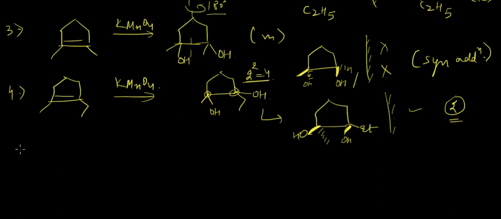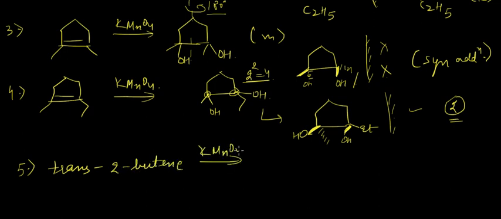Okay, let's look into some more examples of this. So we have the fifth as trans 2-butene. In trans 2-butene, if we react it with cold alkaline KMnO4 or Baeyer's reagent, what would happen is, if you draw the structure of this, we will have a racemic mixture, OH here.